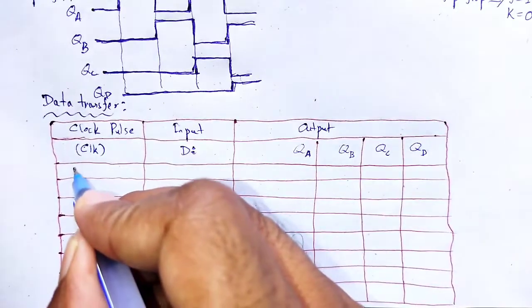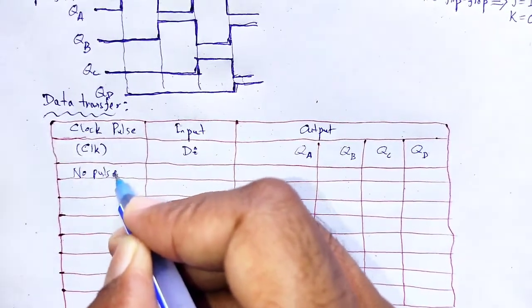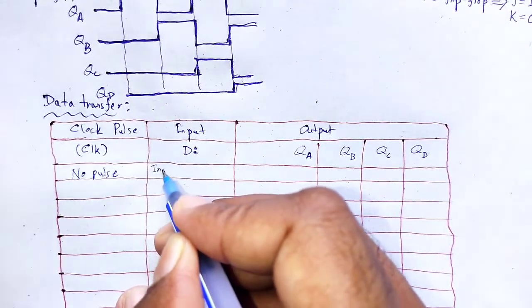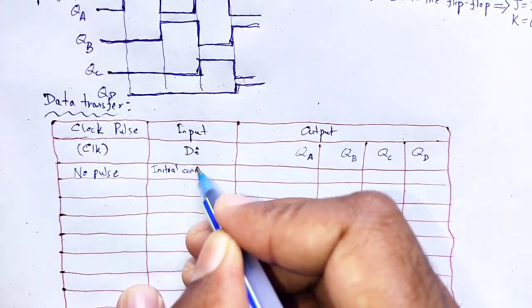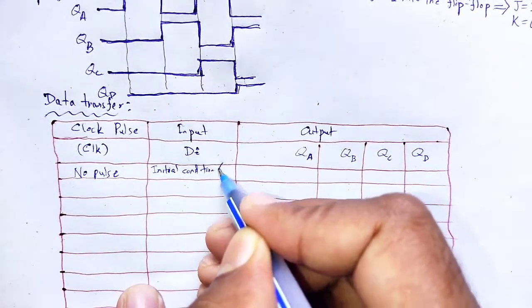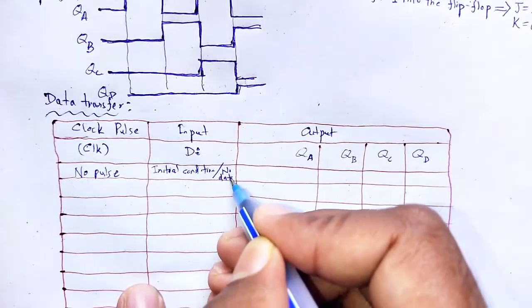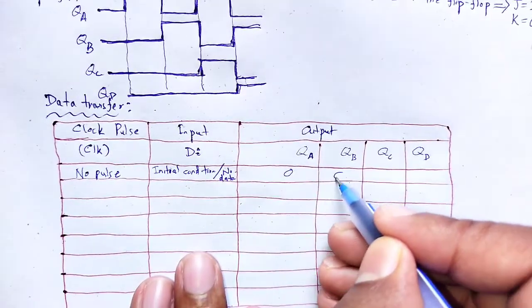When no pulse is applied, it is the initial condition, that is, there will be no data. So at output we have 0.